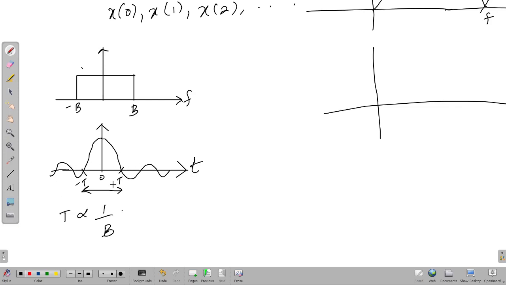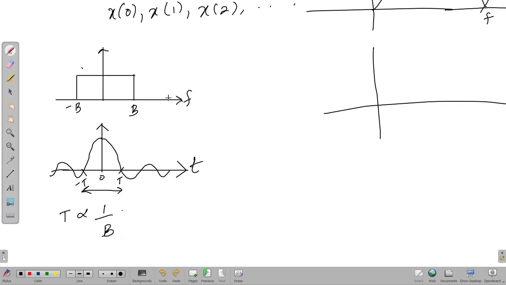Always the time duration is inversely proportional to the bandwidth of the signal. If you increase the signal in frequency domain, then you will have a decrease in time duration of the signal in time domain. So that is the idea. When t increases, then b reduces.